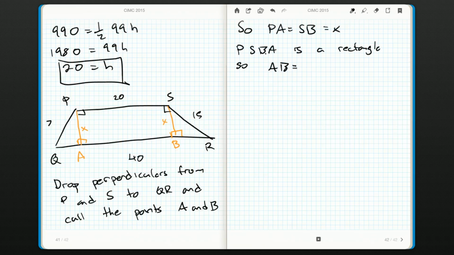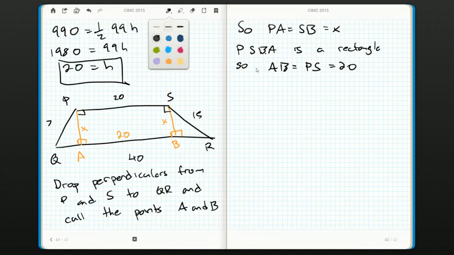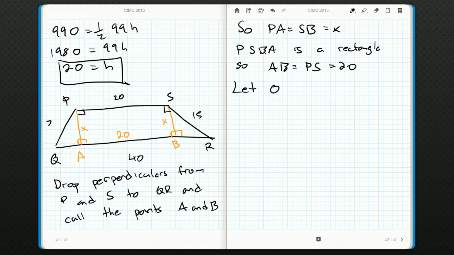So AB is the same as PS, which is 20. So we've got leftover amount QA plus BR is going to be 40 minus this 20 in here. So I'm going to say let QA equal y. Then BR is 40 minus 20 minus y, or 20 minus y.